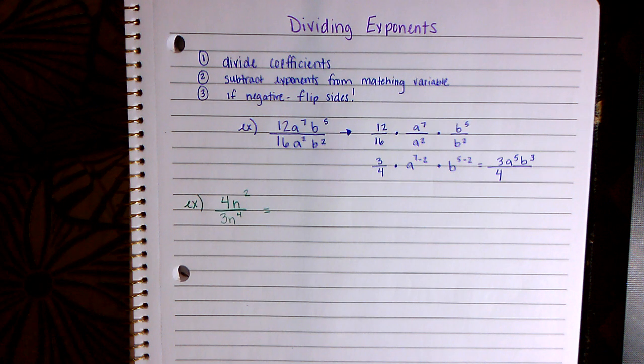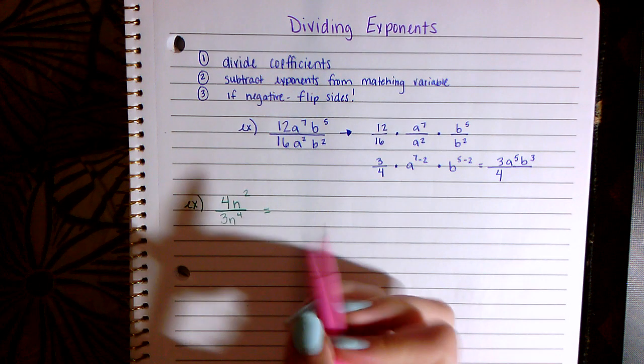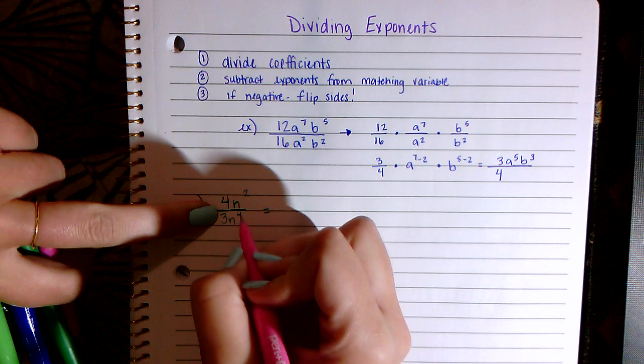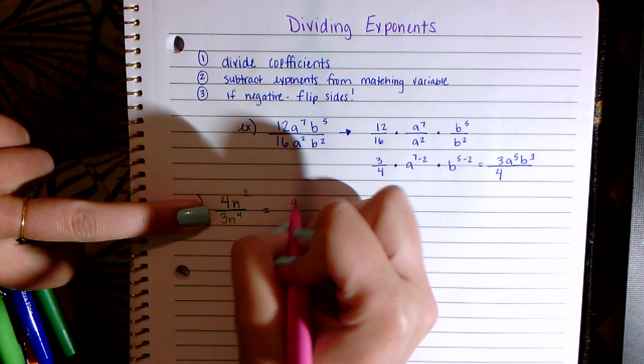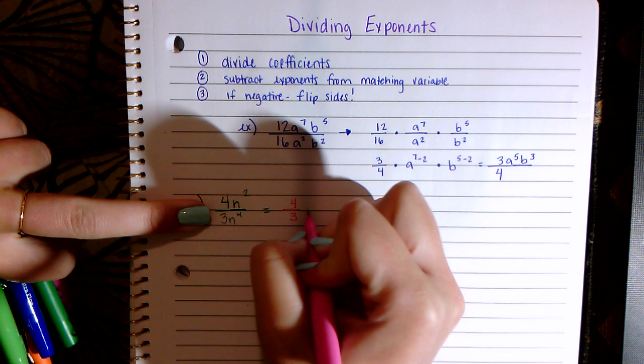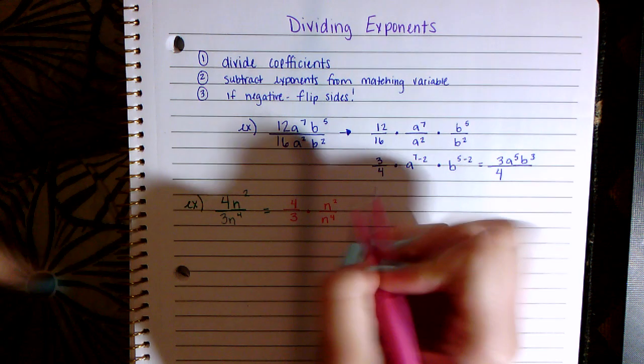So our first example is 4n squared divided by 3n to the 4th. Okay, so we have our coefficients, 4 divided by 3. That doesn't simplify. So that's just 4/3. But then it's being multiplied by n to the 2nd divided by n to the 4th.